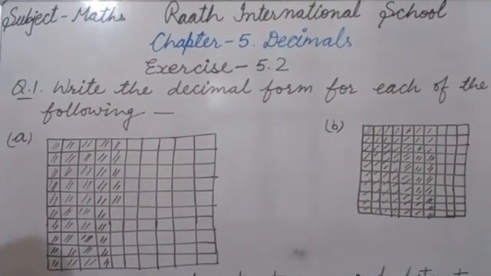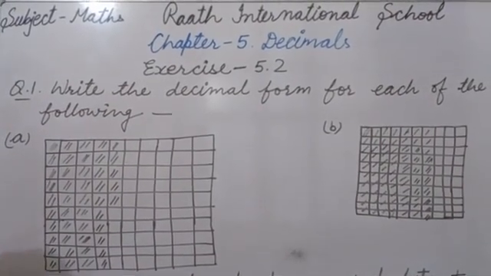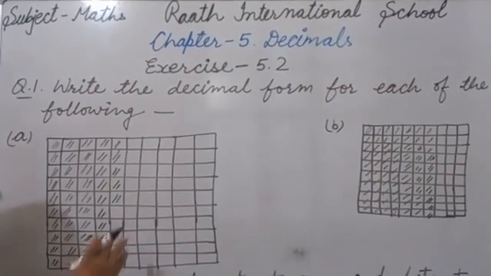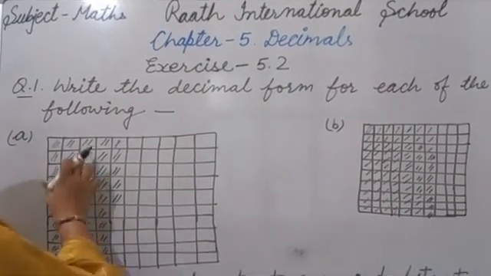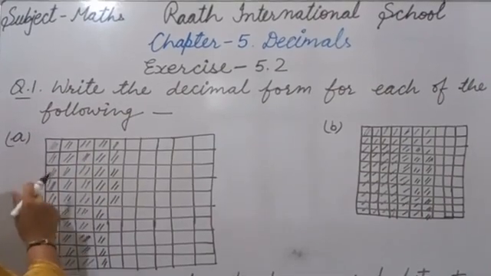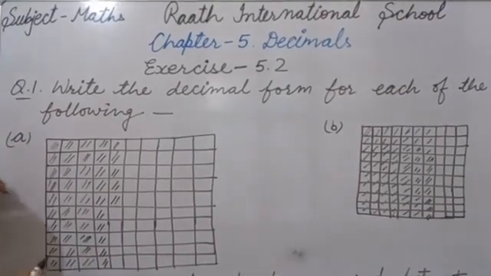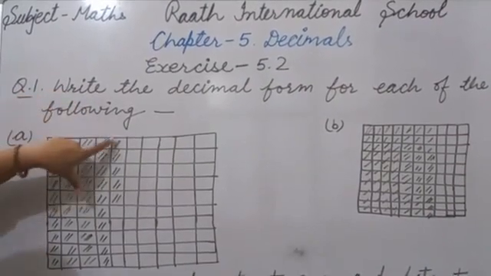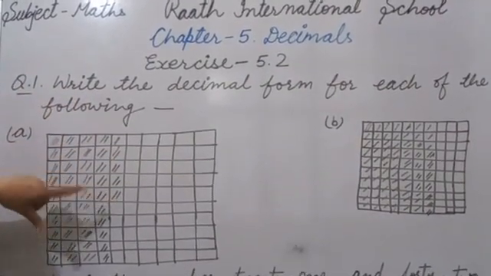So before the decimal you should write its fractional form. By the fraction we convert that into decimal. So there are 100 equal parts and 45 parts are shaded. You can see that in one line there are 10 boxes. So 4 lines are completely shaded. So 40 and there is 5. So it's 45.